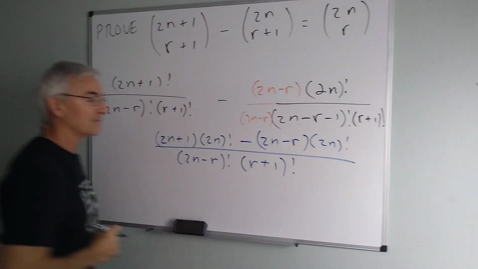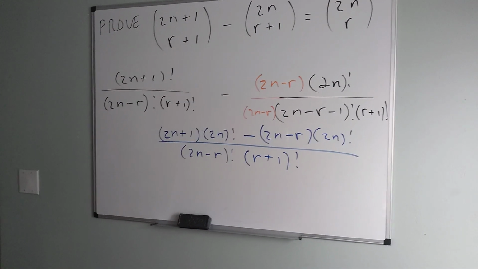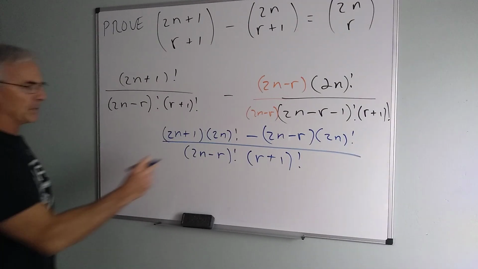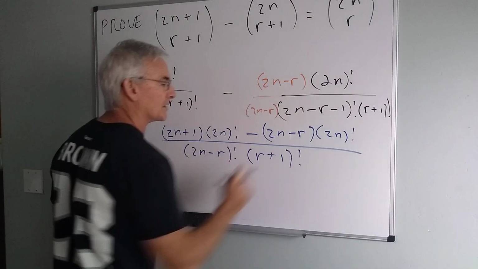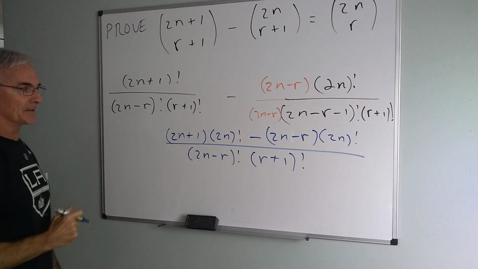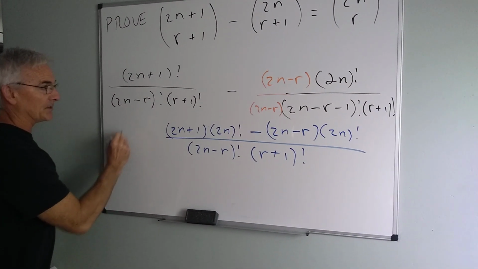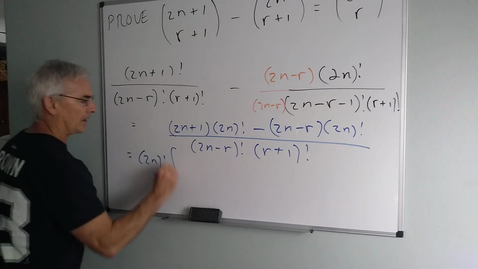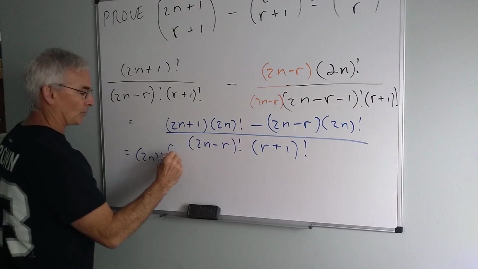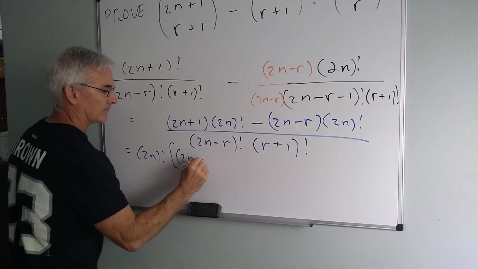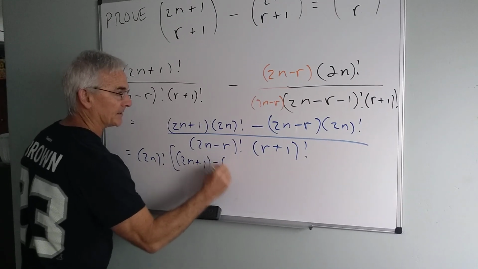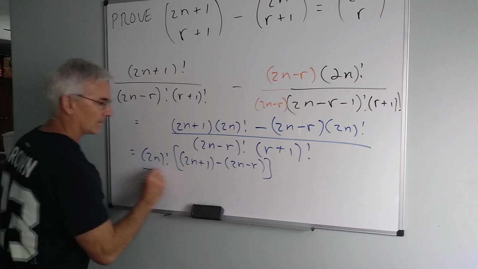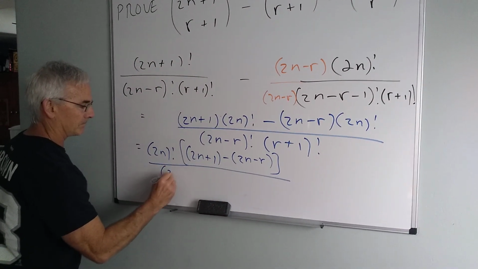r plus 1 factorial. So now I have to figure out a way to manipulate my numerator to get it into something smaller. But notice I have a 2n quantity factorial in each term, then I can factor that out. So that means that my numerator will be 2n factorial times 2n plus 1 minus 2n minus r over my denominator.